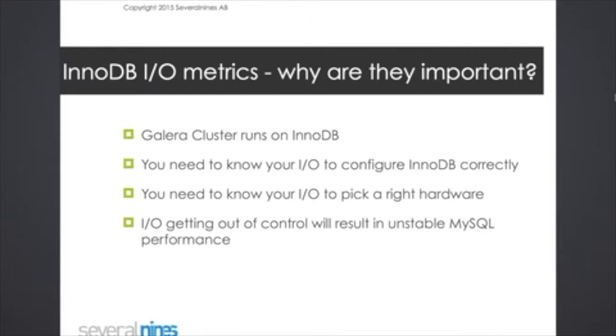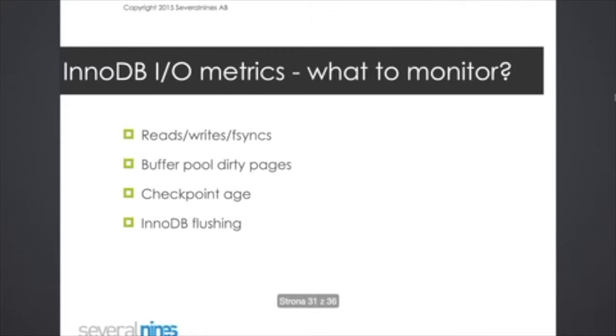So we want to take a look at this particular data, particular metrics. What to monitor? Obviously reads, writes, fsyncs. Those operations are pretty important. We want to monitor the status of buffer pool dirty pages.